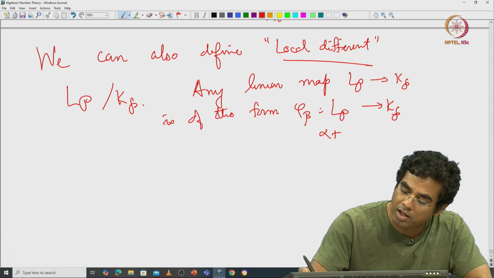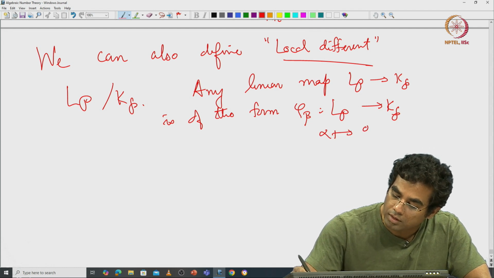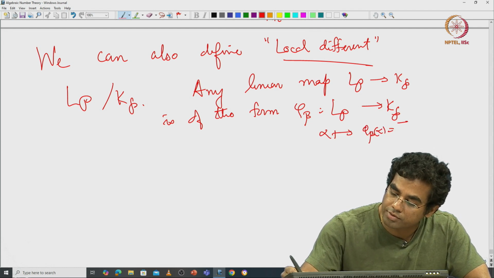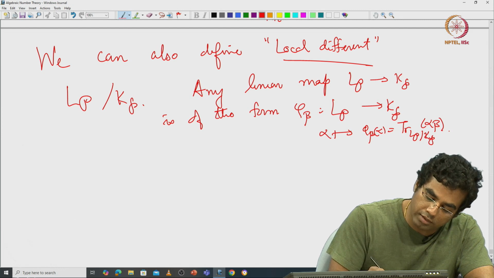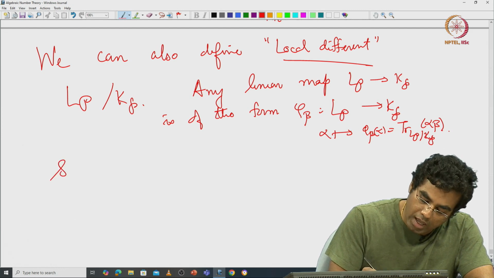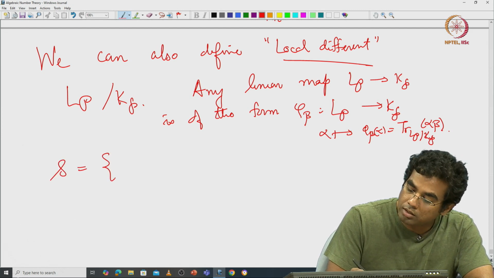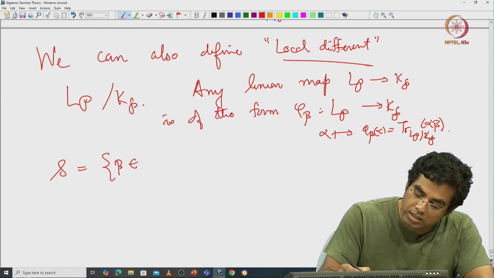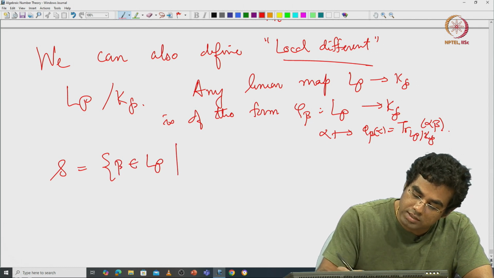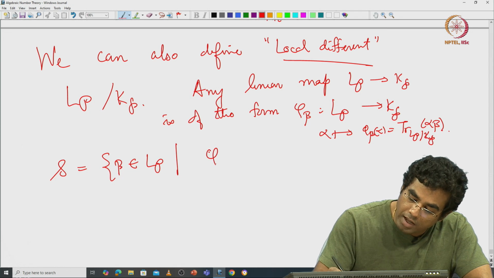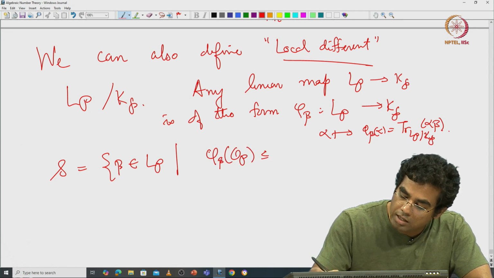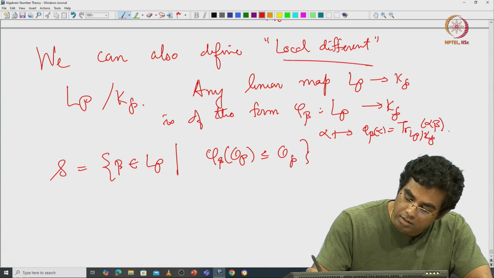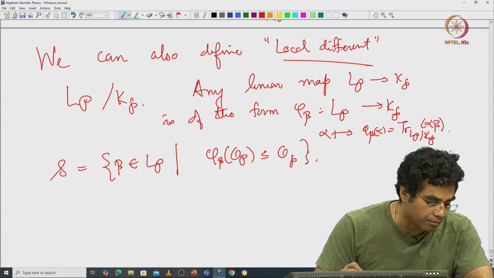And what is this map? Alpha goes to phi beta of alpha, which is the trace from LP to KP of alpha beta, right. So, again we can define S to be the set of all betas in LP such that phi beta of OP is contained in O small p, right.